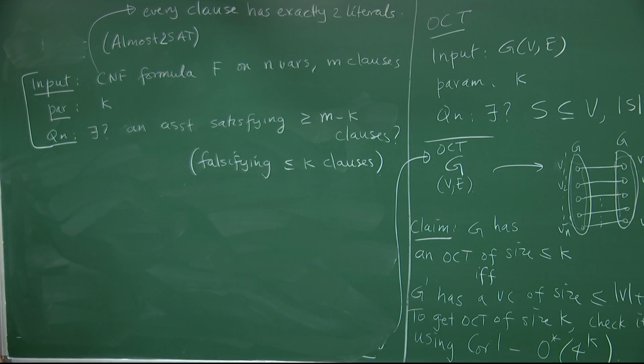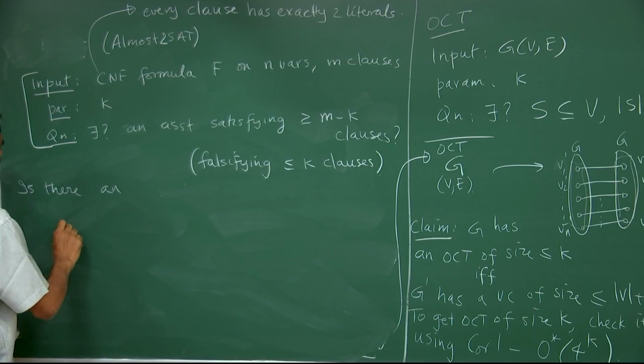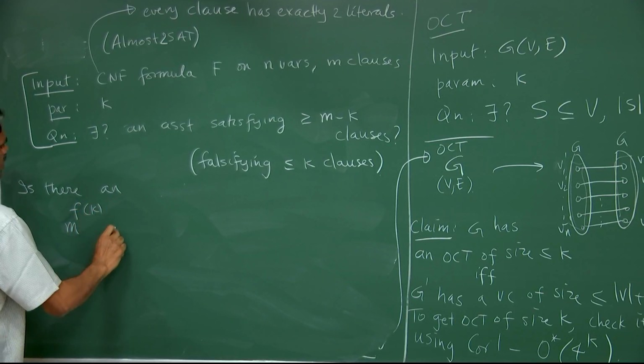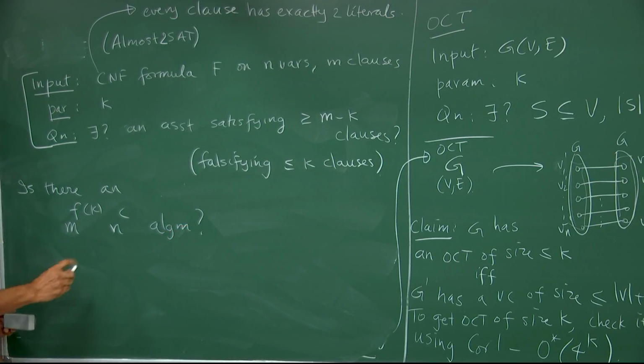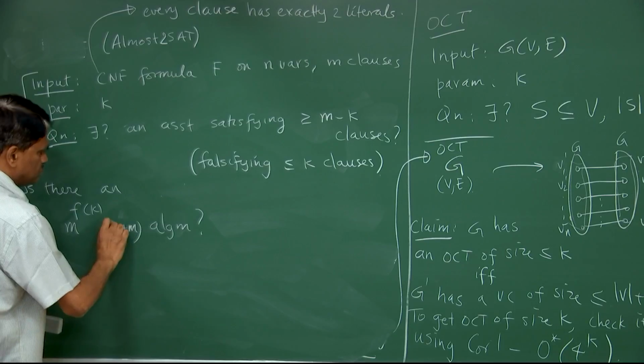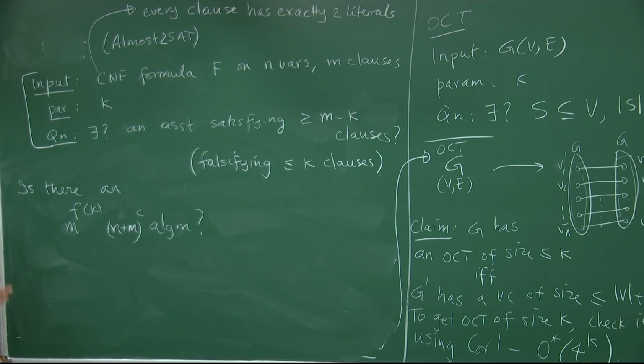But before that, can you at least give me some m power f of k times poly in n kind of an algorithm? We saw this for vertex cover. I want to know, is there a vertex cover of size at most k? I try all possible subsets of size k, delete it, check whether the remaining graph is edgeless. That is like an n choose k algorithm. My question is, can you tell me something like that, some m choose k kind of an algorithm?